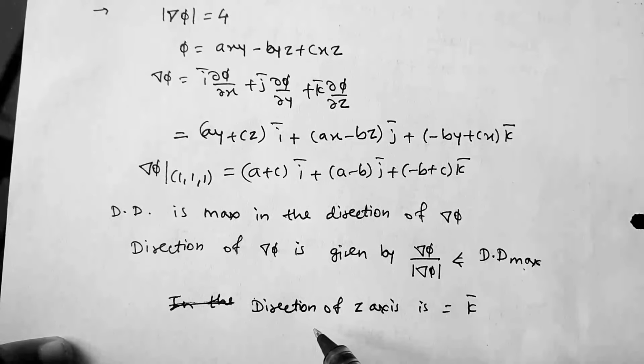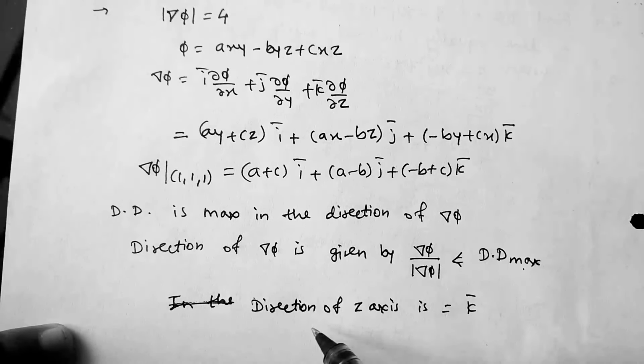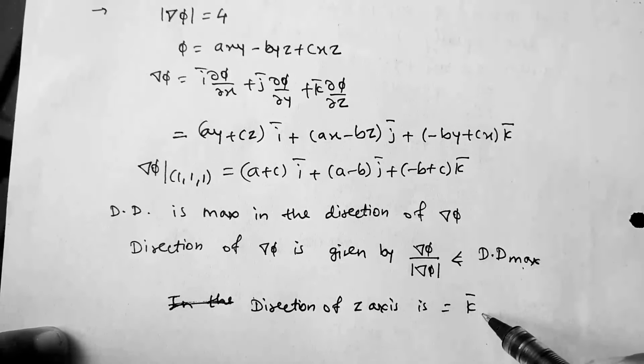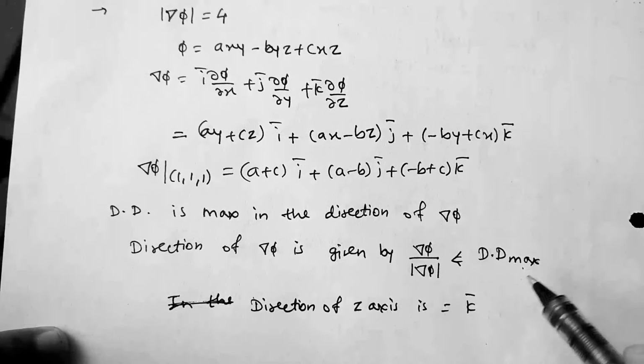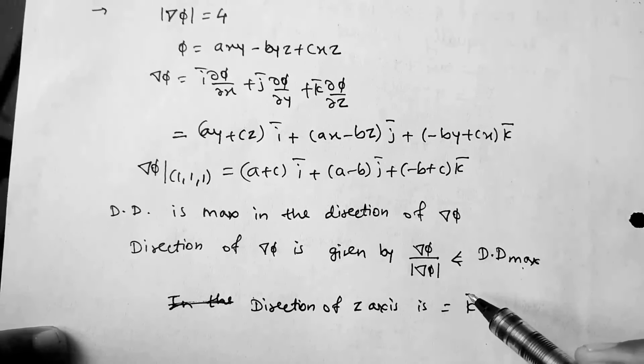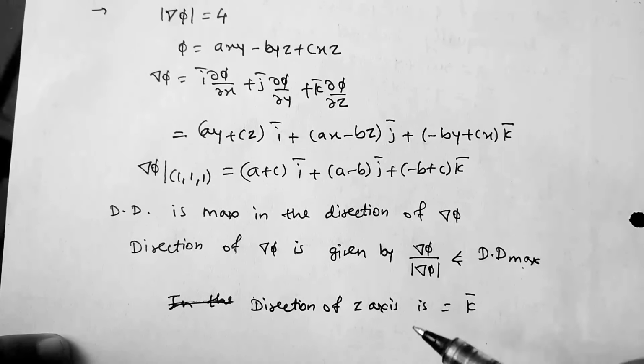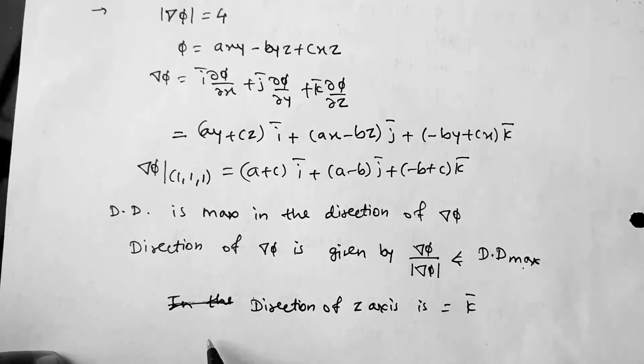Here in this example, it is given that the directional derivative is maximum along k bar. Now the directional derivative is maximum in both these directions, but its maximum value is unique. That means these two directions must be the same. Therefore del phi upon mod of del phi must be the same as k bar.